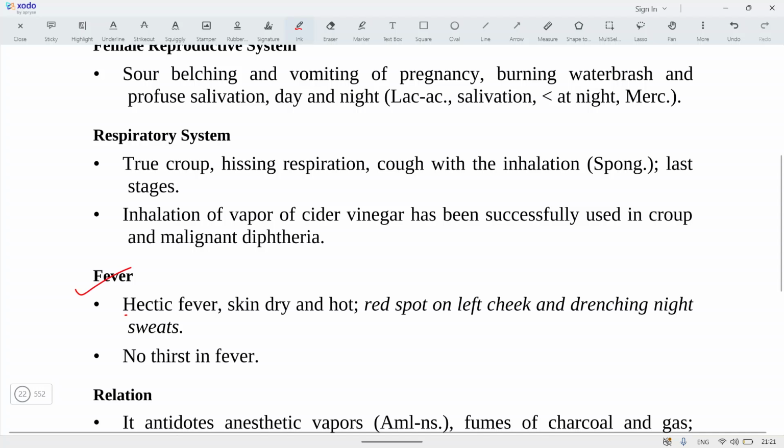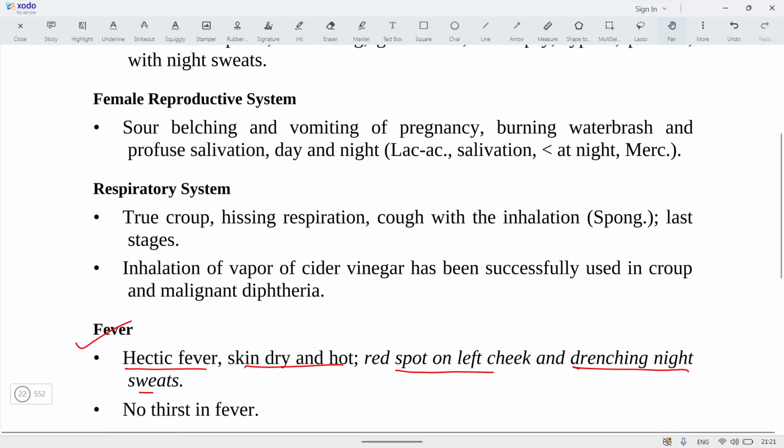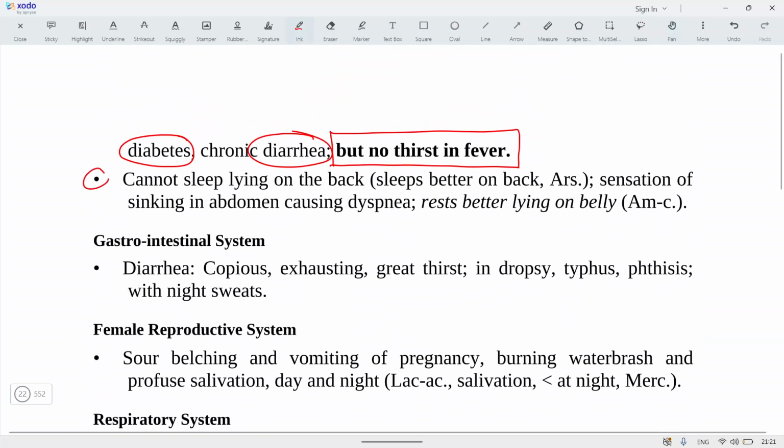As you can see, it is a hectic fever, skin dry and hot usually during the day, but drenching night sweats at night. Red spot on left cheek. If there are red spots on the face, as you can also see in scarlet fever or chickenpox and all such things. If drenching night sweats are there, the patient usually used to be thirsty but now has no thirst, we can think of acetic acid. Next, the last general point is cannot sleep lying on back.